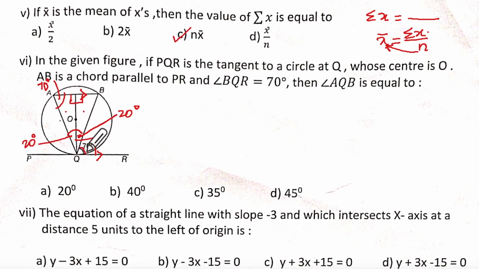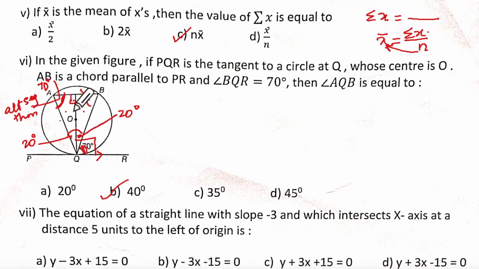This 70, so this 70, alternate segment theorem. Correct? This is going to be 90, so this will be 20 and AQB will be 40. Ma'am, we could also say that ABQ is equal to BQR. Yes, this and this also becomes alternate.